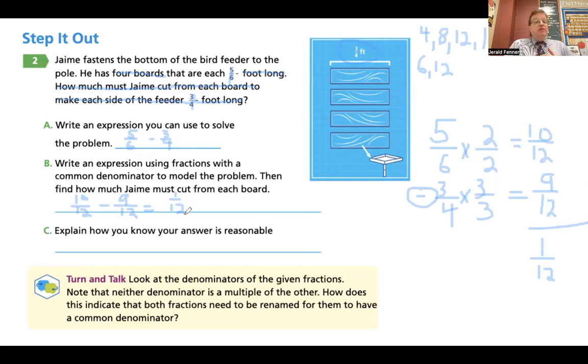Okay, so once again, they're asking, how do you know if the answer is reasonable? Well, 3/4 is going to be closer to 1.